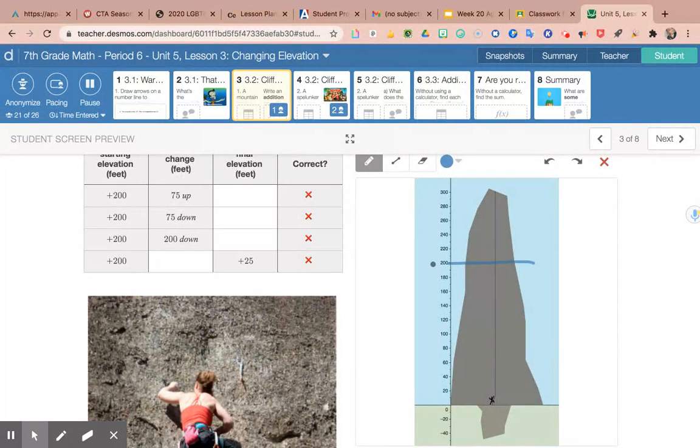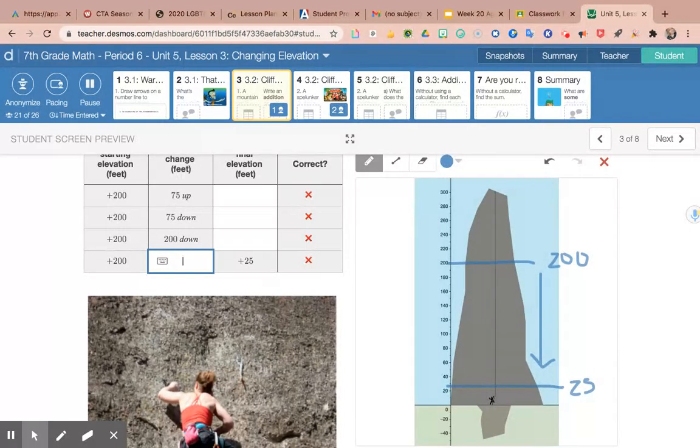Start at 200 and I go down 200. So I'm no longer on the cliff. I'm back here at 0. And then if I start at 200, do I go up or down to get to 25? So this one, I would look at the picture. If I start at 200, obviously I'm going to have to go down to get to 25.